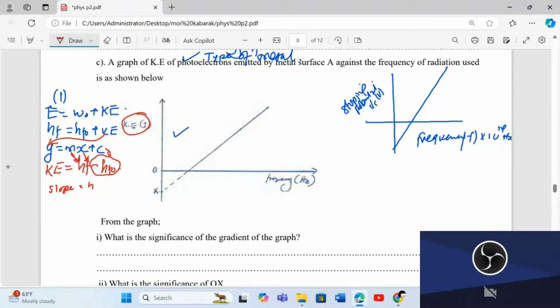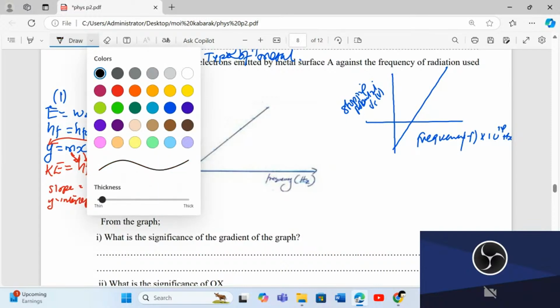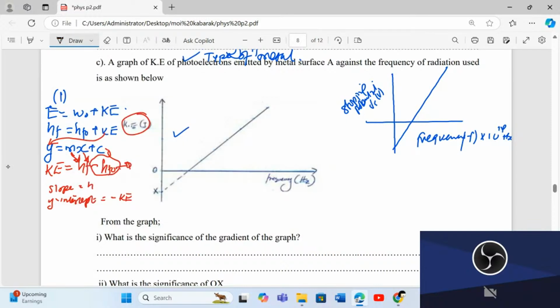Then our y-intercept is giving us negative hf naught, which is the negative work function, like that.